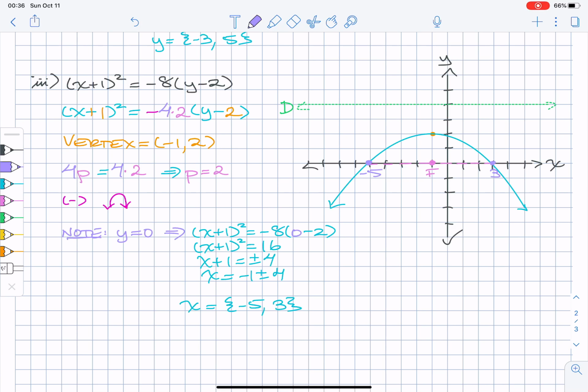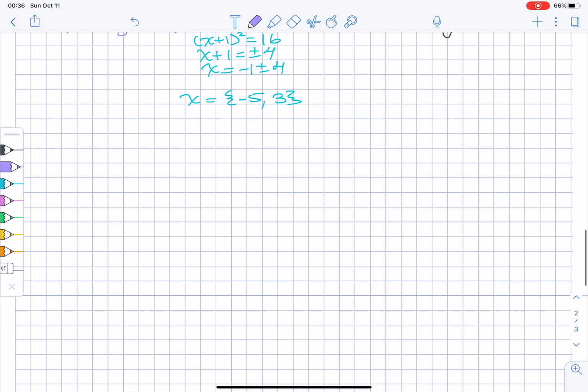Okay, so let's do one more of these. Number 4. Let's say we have y squared is equal to minus 4 times the quantity x plus 3. So we have (y minus 0) squared is equal to a negative 4 times 1 times the quantity x minus a negative 3.